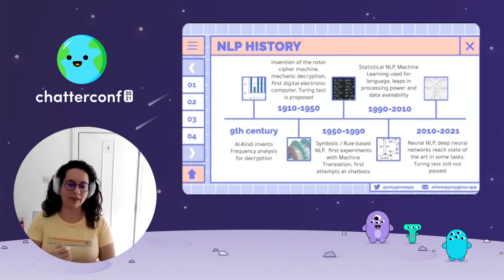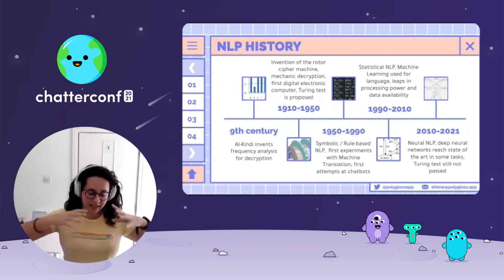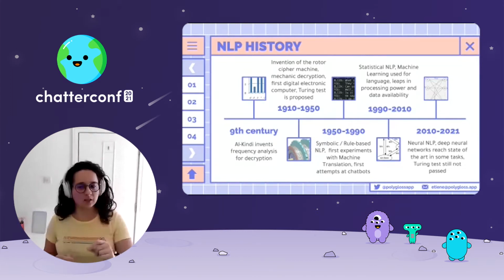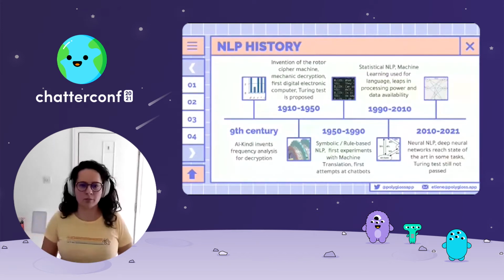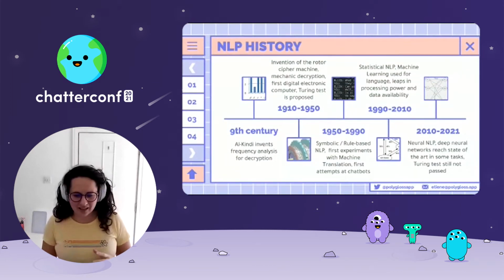applications like machine translation. But the first experiments with machine translation were in the 60s, and it was this big thing at the time, right? They were not statistical, they were very synthetic, rule-based, but with those rules, they were able to translate like 60 Russian sentences, and it was huge, right?